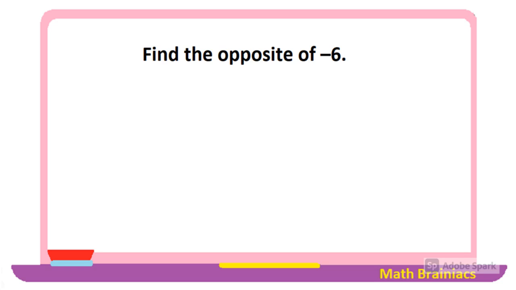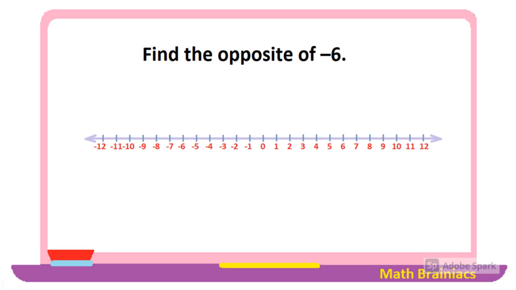Let us work on this example so that you will be guided. Find the opposite of -6. We need to have a number line so that you're going to know where it is located. From 0 to -6 going to the left, there is a distance of 6 units.